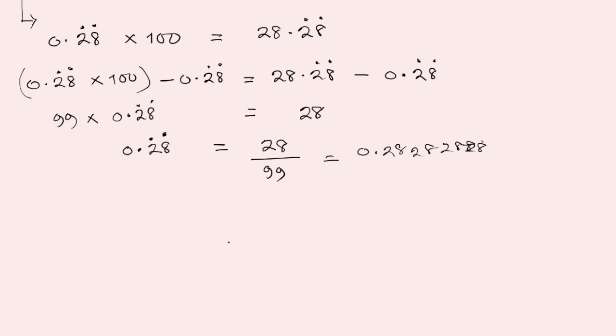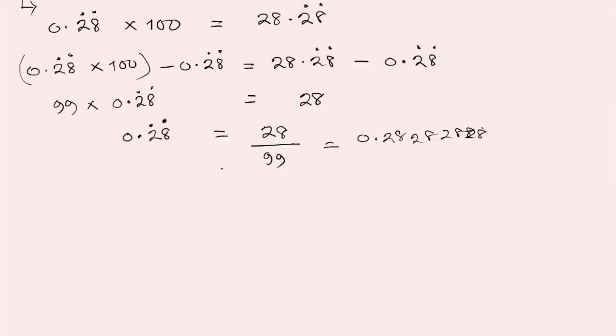Now, we don't have to do all this long arithmetic again, since we already know what we're looking for. So if we solve other examples, 0.36 repeating. In this case, there are 2 figures repeating here, so we know that our fraction is going to be 36, the repeating figures, over 99.